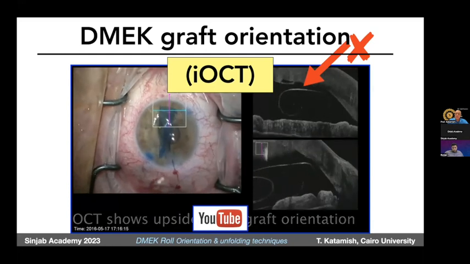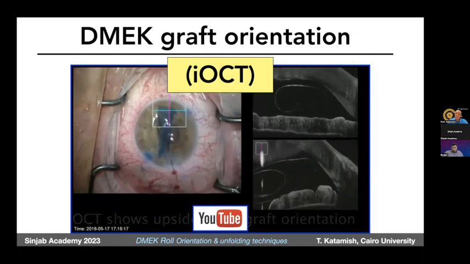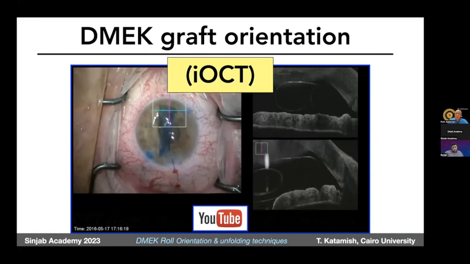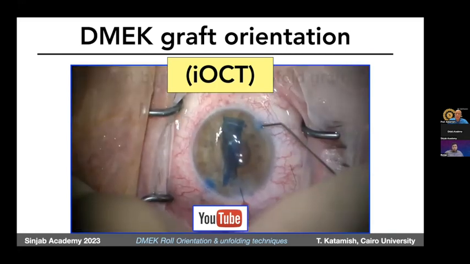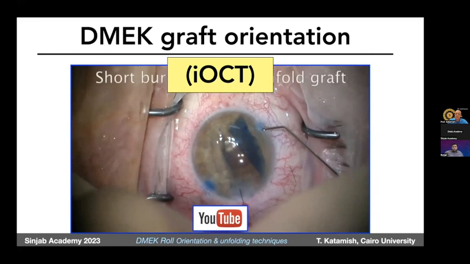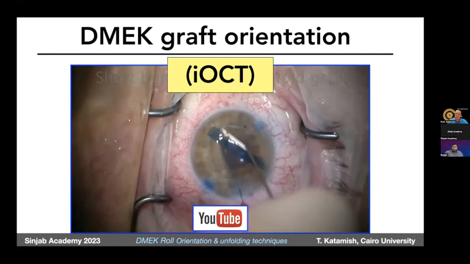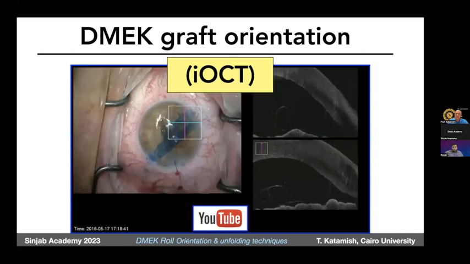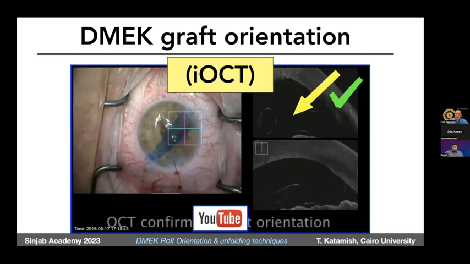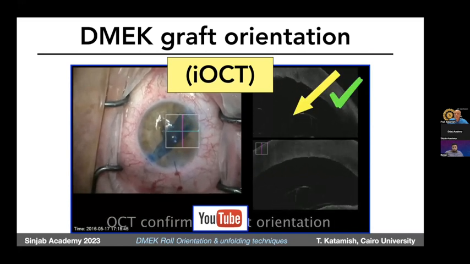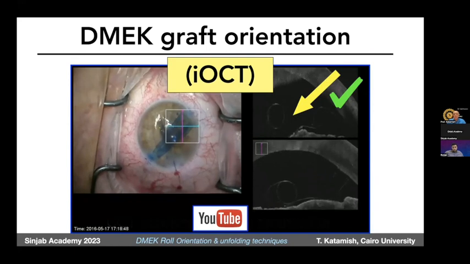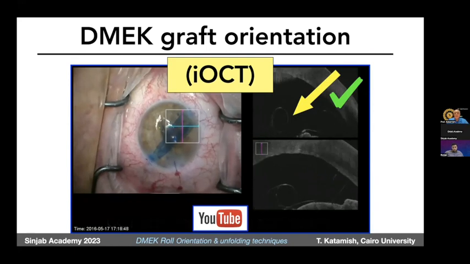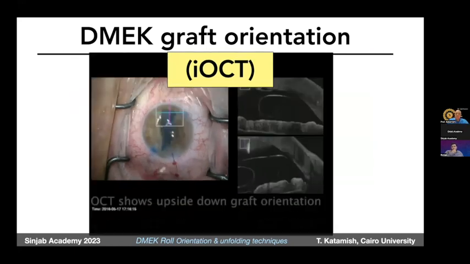So you will stop and you will flip your graft and you will watch again. So it is a live orientation, after unfolding, after flipping the graft, and you will check again, you will be having the scroll facing to the stroma. So this is very valuable and will give you a real-time orientation of the DMEK. This is a video of one of my cases.